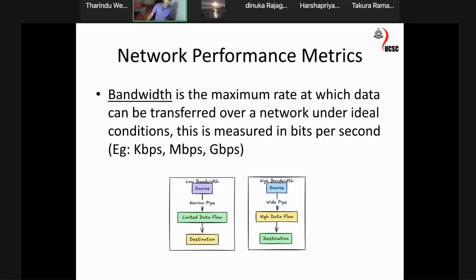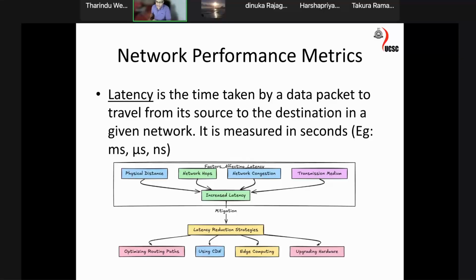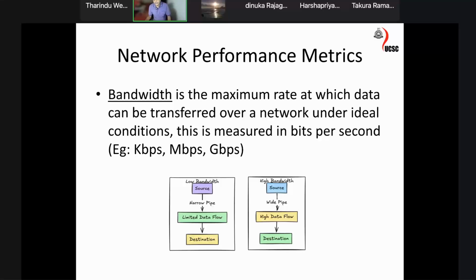So let's go to latency. Latency is the time taken by a data packet to travel from its source to the destination in a given network. It is measured in seconds, so latency is usually measured by time. It is important to understand the metric as well as the measuring units.